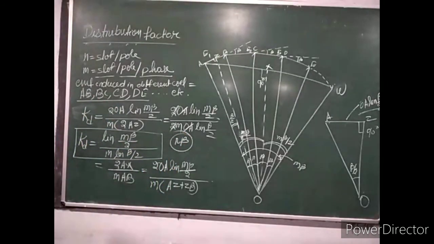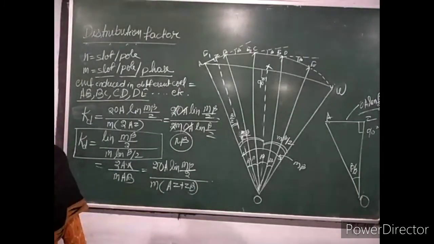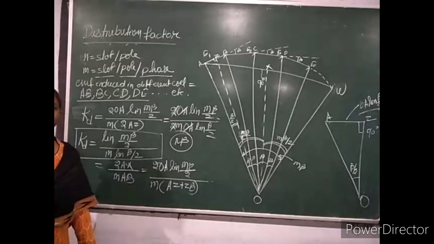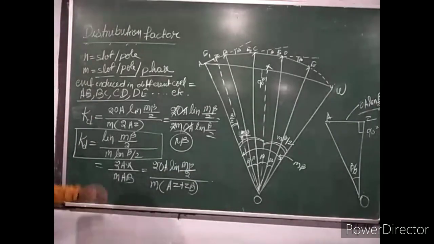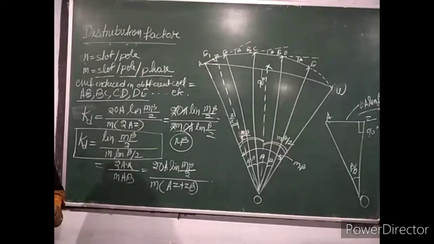So in this, what conclusion do you get? Up to this you have learned, for finding pitch factor you have to get the knowledge about full pitch winding and short pitch winding. Similarly, distribution factor is based on concentrated winding and distributed winding. Clear? The values of pitch factor and distribution factor are less than 1.